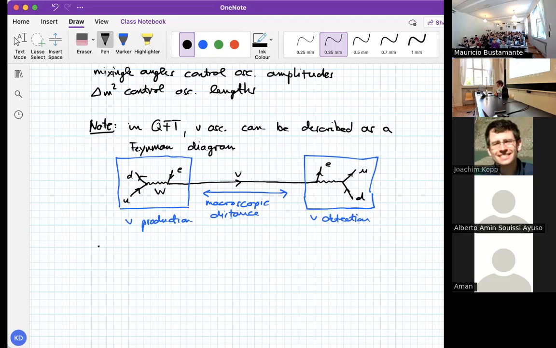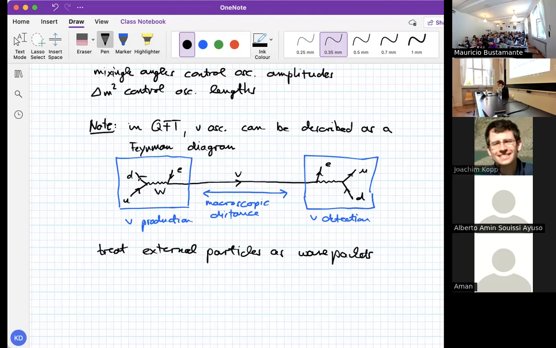So what we need to do instead is treat the external particles as wave packets. And that accounts for the fact that they are localized to a certain extent in space, but also to a certain extent in momentum.